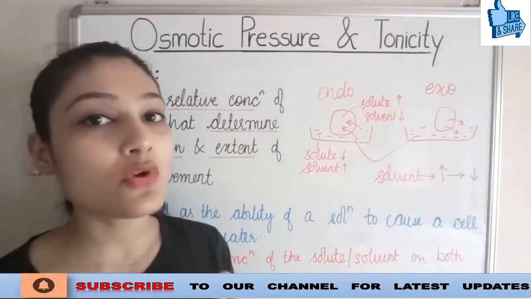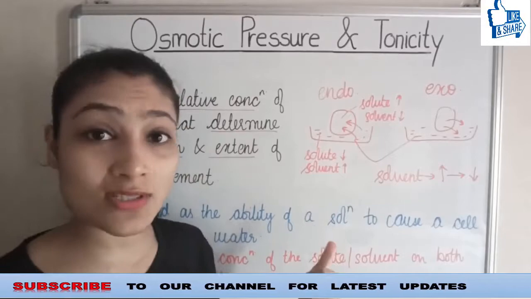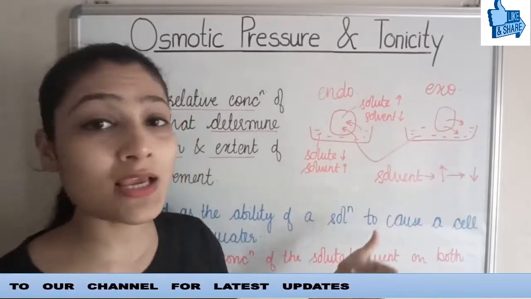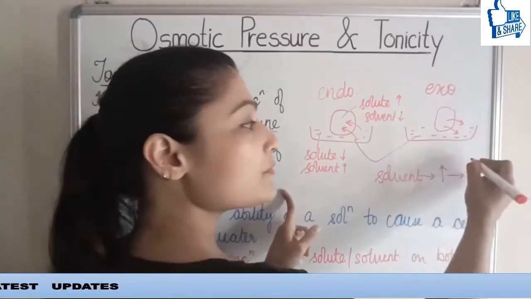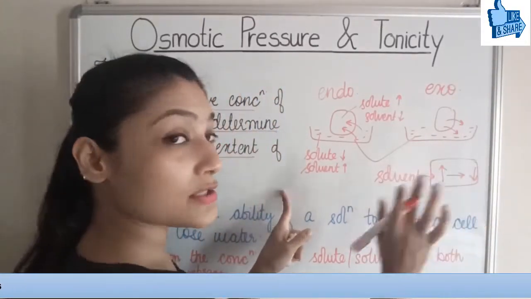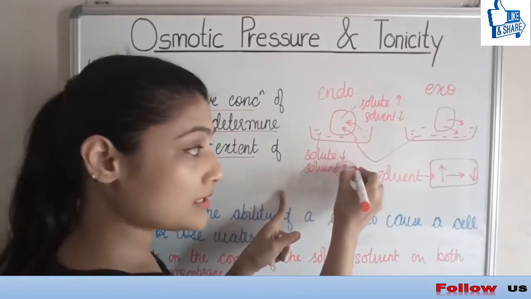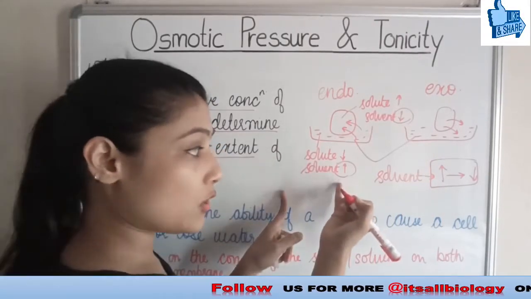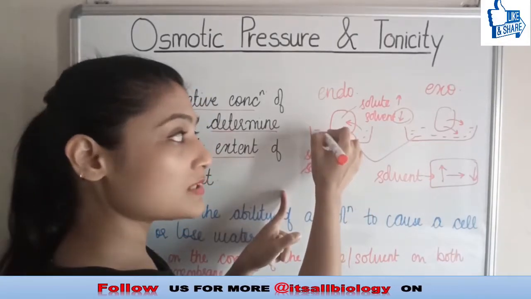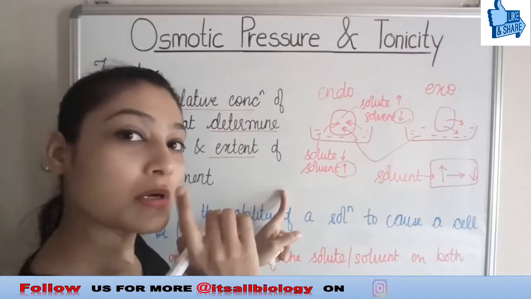Those of you who have not yet seen the previous video of osmosis, wherein everything has been explained in detail, please go and watch it. So solvent movement is going to be from the higher to the lower region. Higher is where it is in the beaker, lower is where it is in the cell. So the solvent is now going to move in this direction. Clear?